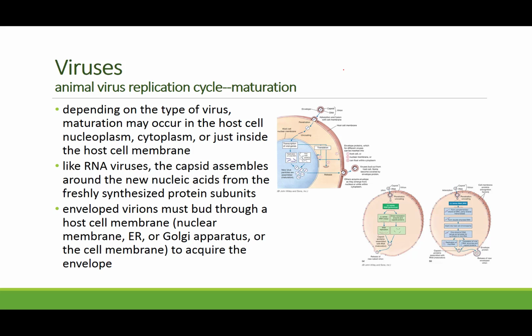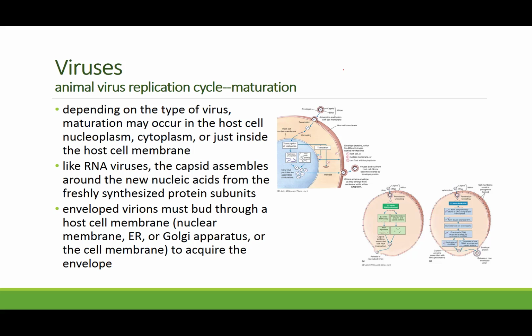Okay, so now maturation, the second to last stage. We assemble all of these RNA or DNA viruses. They're either in the nucleus, if it's a DNA virus, or in the cytoplasm, if it's an RNA virus, and then if it is an enveloped virion, so if it's a virus that has an envelope around it, then the virus has to pass through some sort of host cell membrane.